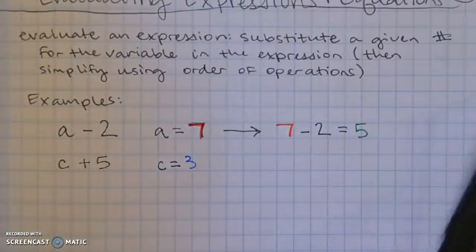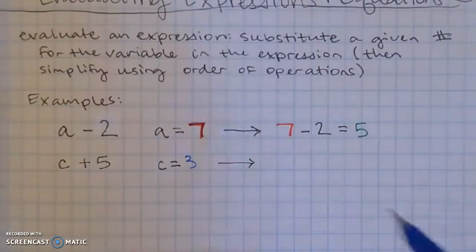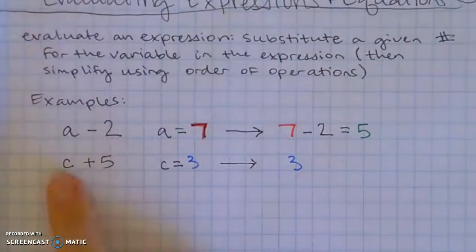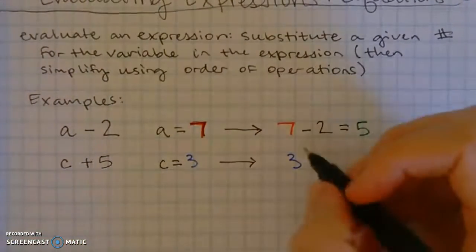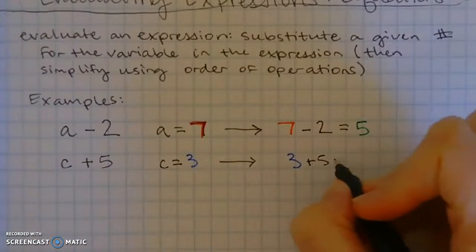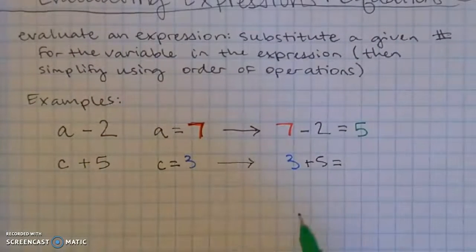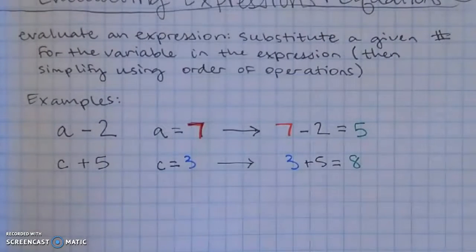Now I can solve that problem over here. So I'm going to have 3, because that 3 is going to replace that c there, 3 plus 5 equals, and we're going to add that up in our head, so 3 plus 5 equals 8. Okay.